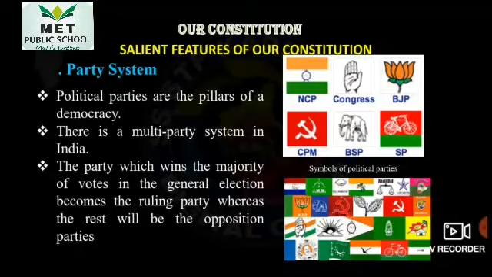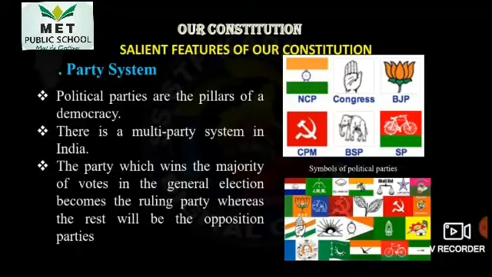In the general election, the party which gets the highest votes will become the ruling party, whereas the second highest party will become the opposition party. The ruling party will have the power to administer the country. So these are the important salient features of the Indian Constitution.